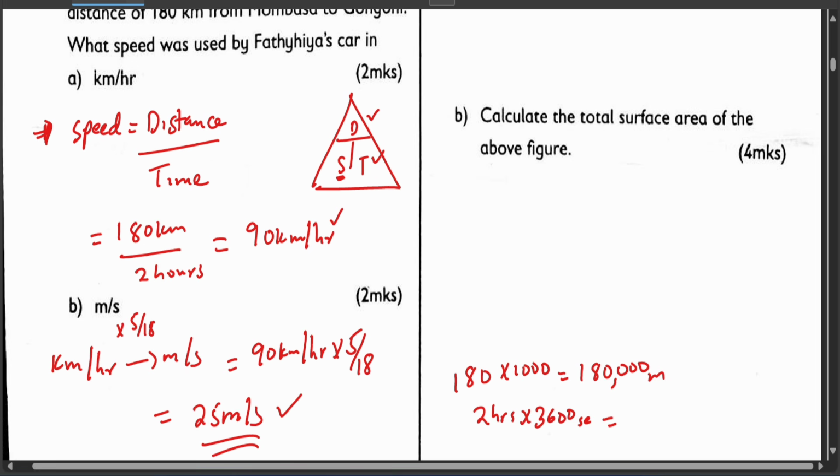So when you multiply 2 times 3600, you get 7200 seconds. If you take now 180,000 and divide it by 7200, you get the same thing, which is 25 meters per second. So whichever formula you use, you get the same answer.